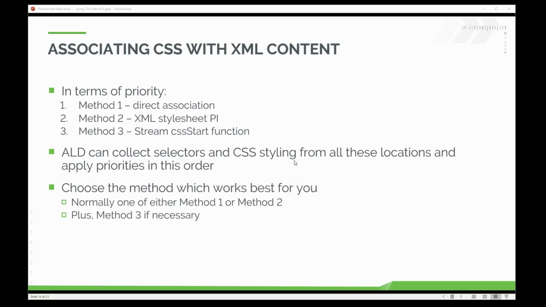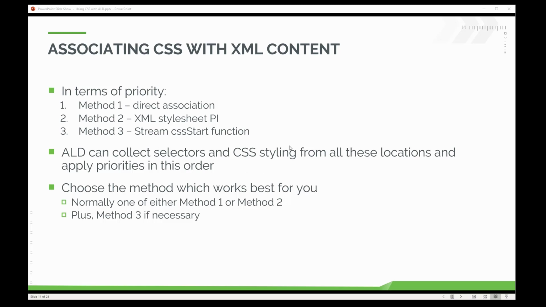You can use all these different methods together if you want. So you can have TCSS3 running as well as the XML style sheet PI and the CSS start function all being in place. And the definitions that you apply are applied in the order that is listed here. So that's kind of an interesting thing.